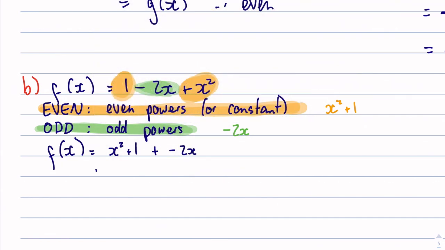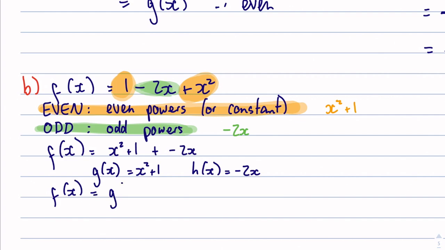So if I have g of x equals x squared plus 1, h of x equals minus 2x, then f of x is g of x plus h of x, which should look familiar.